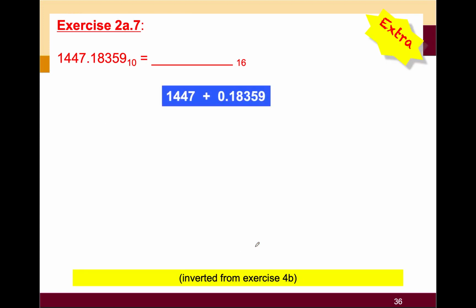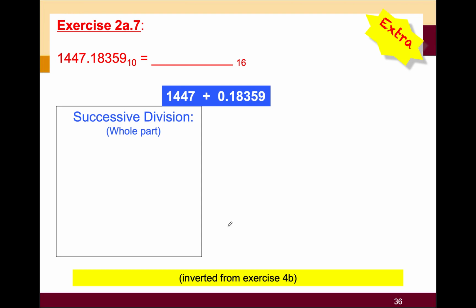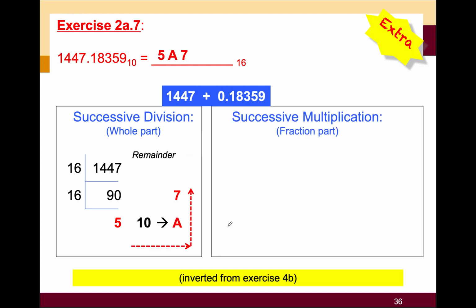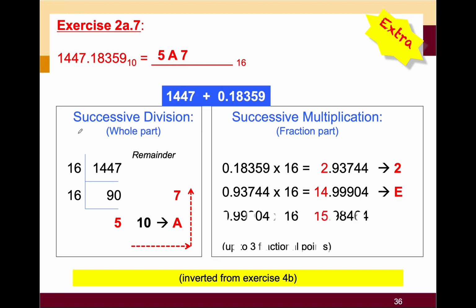So this is the example. If you have both point numbers, you have a positive and a negative side, using 144 for successive division and 0.8359 for your successive multiplication. So the whole part, you use successive division, and the fraction part you use successive multiplication.